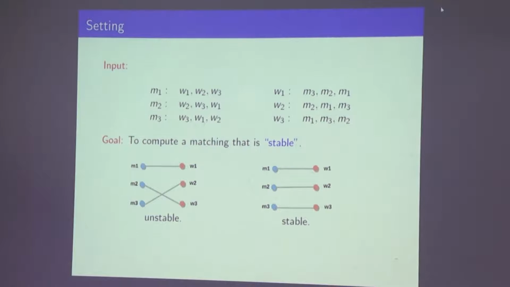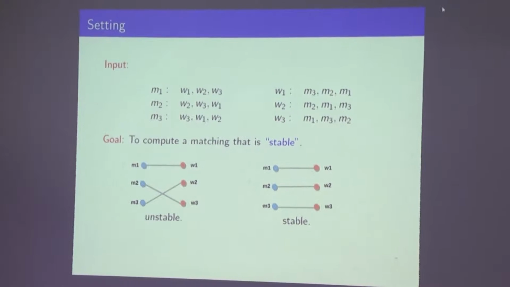But let's observe something. Let's say that some man is matched or paired off with a woman who is his top choice woman. Can he ever participate in an unstable pair? Remember that there is a man M1 whom we have, by some method, assigned to W1, and M1 rates W1 as his first choice.